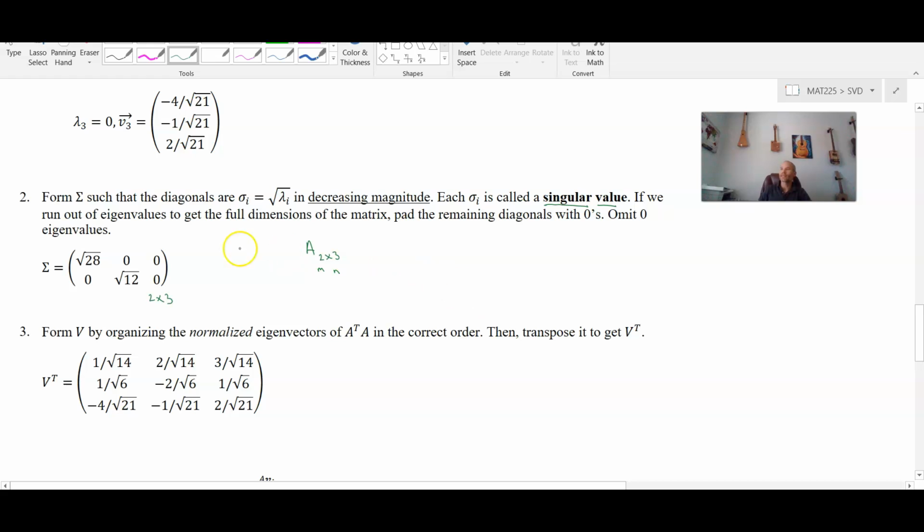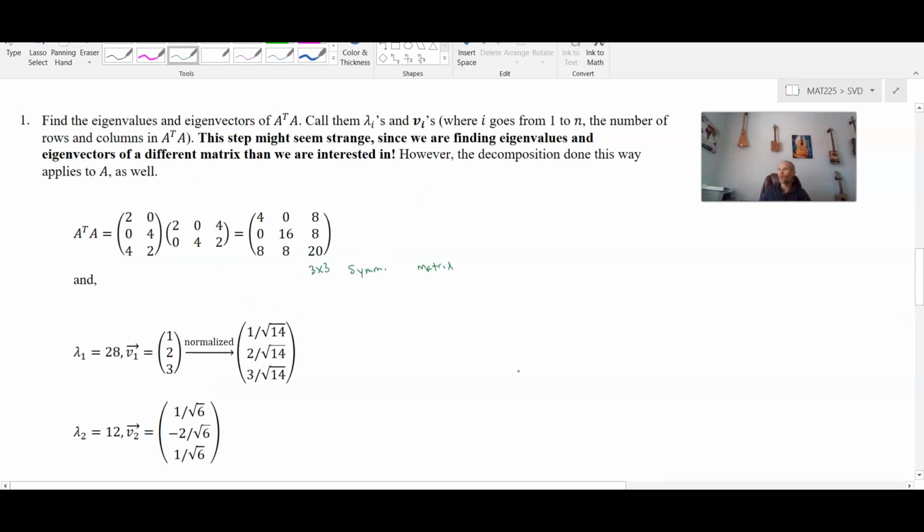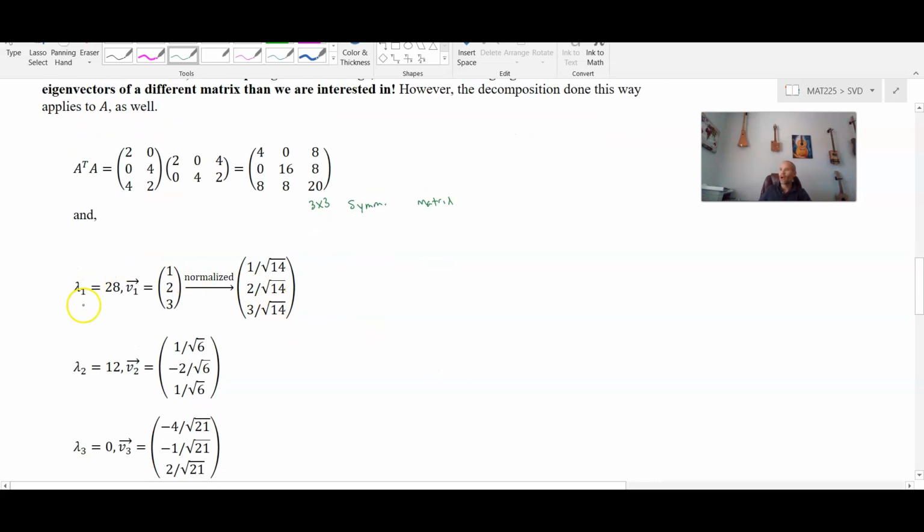Next thing we're going to do is form the V matrix, and we're going to organize the normalized eigenvectors of A transpose A in the correct order. So we computed our eigenvectors, we normalized them. Normalization, remember, just means that we're going to take V1 and divide it by its magnitude.